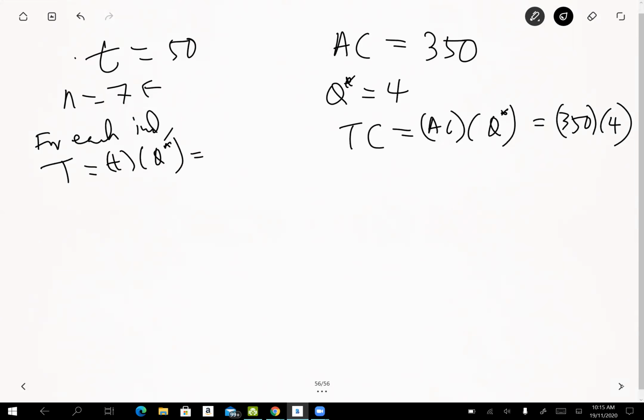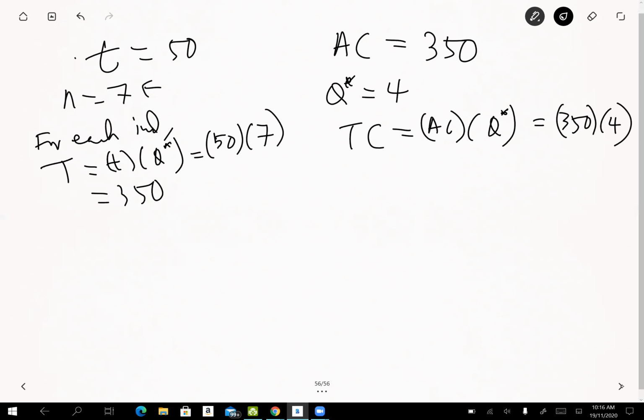So that will be equal to 50 multiplied by 7, so that is equal to 350. Everybody pays 350. Average cost 350. 50 times 7, 350.